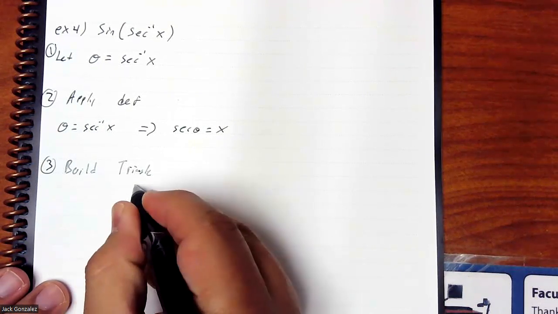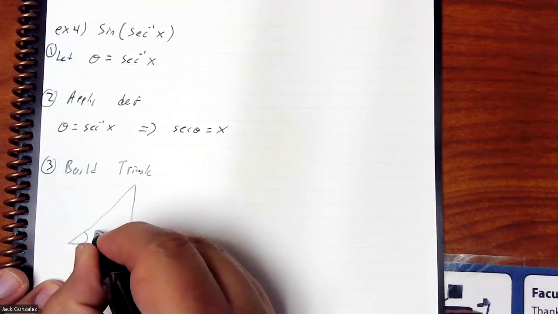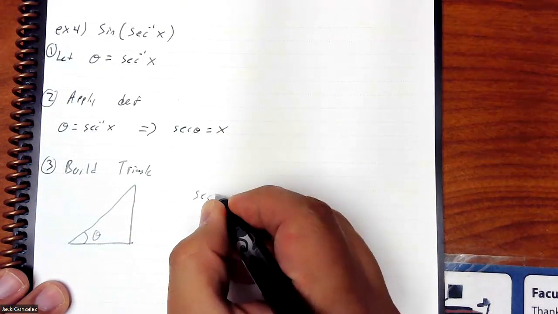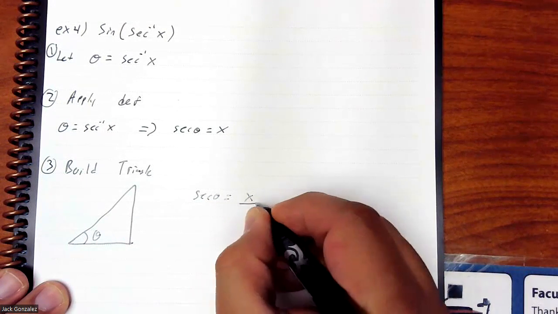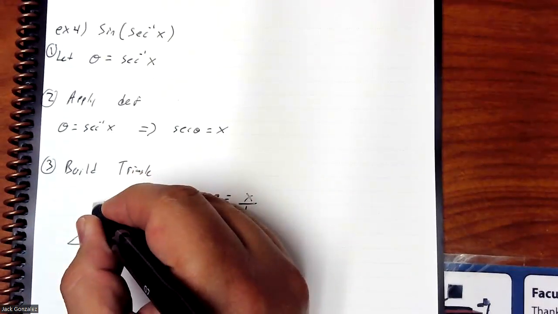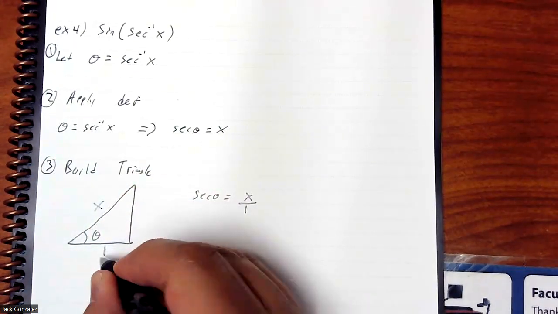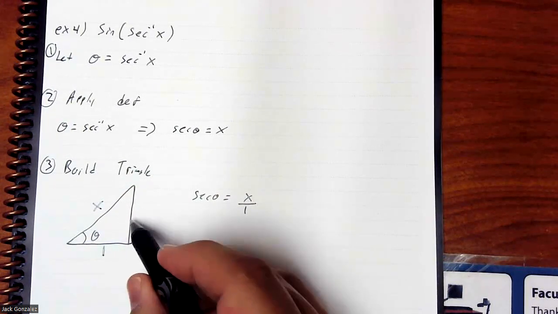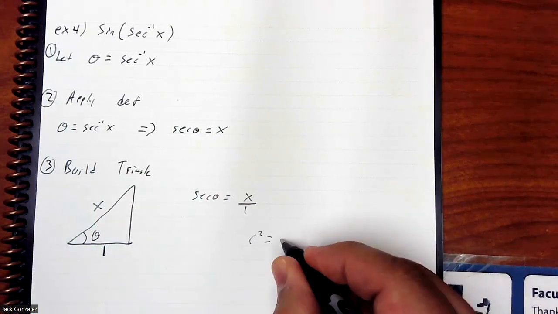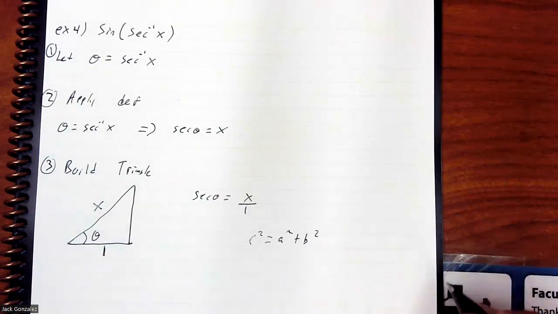So if you put your theta here, secant theta is equal to x over 1, which is what? Where does the x go? Yeah, it's going to be the hypotenuse here, right? So solve this side. C squared is equal to a squared plus b squared.